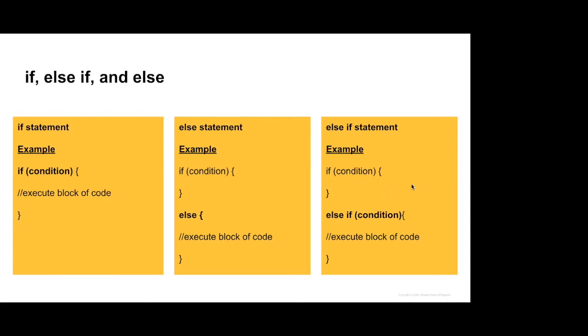If it's false, then we check another condition again. If the second condition is true, then we execute the block of code. If the second condition is false, then just jump out of this else if statement. So basically all of those conditional statements are the same. Just check the condition, then do or not do the body part of the code.